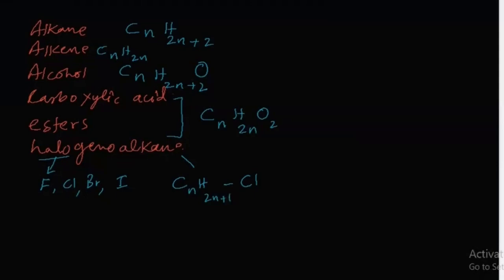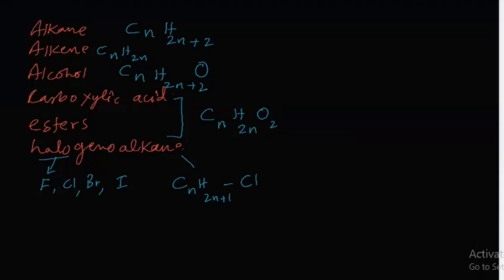You may attach fluorine, bromine, or iodine instead of chlorine as well. Okay, so this is the information about some types of the organic compounds, along with their general formulas.